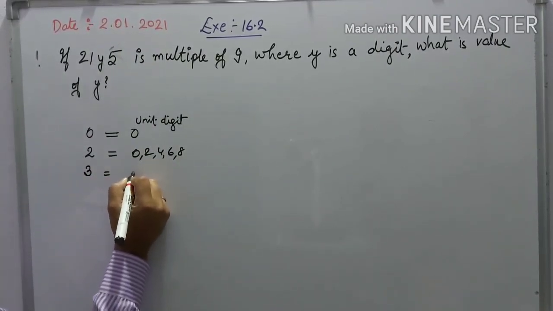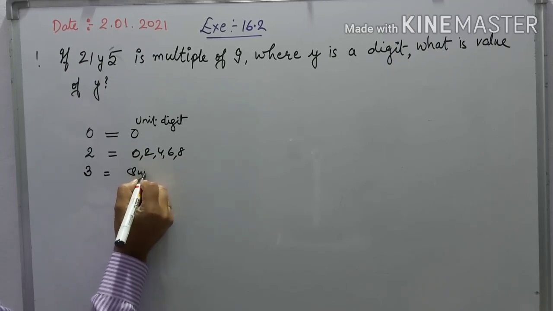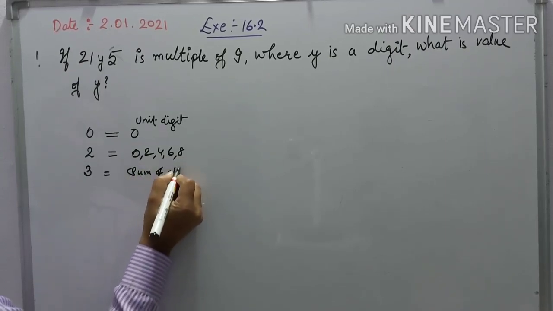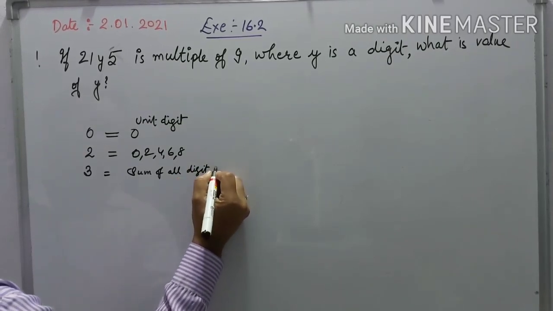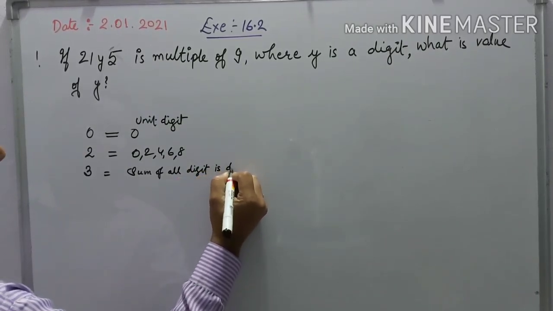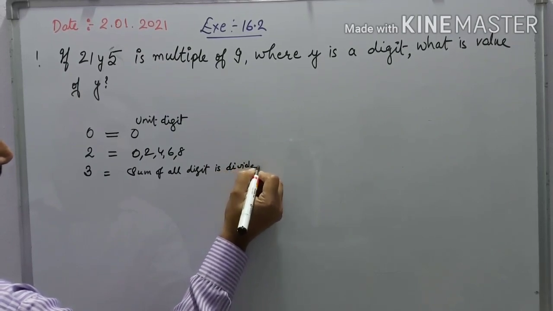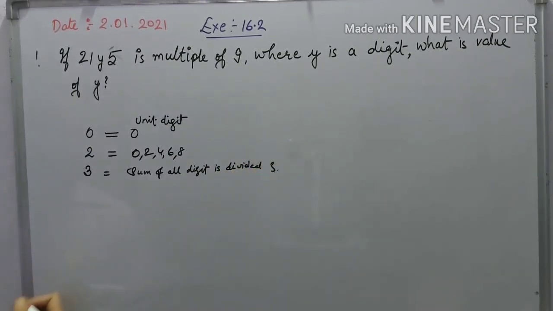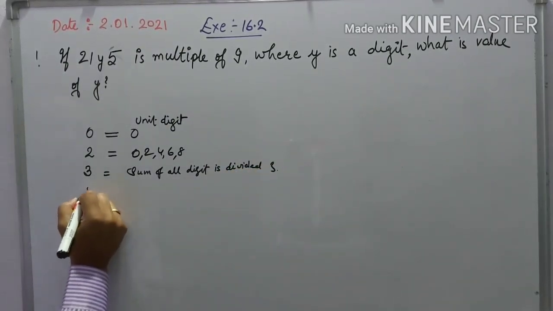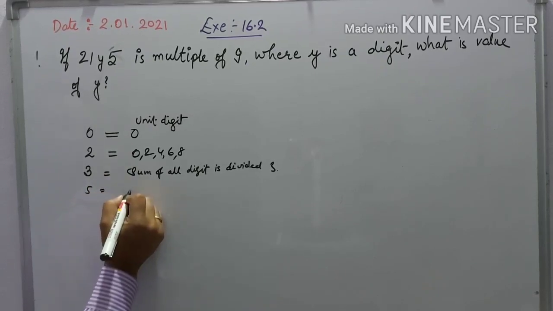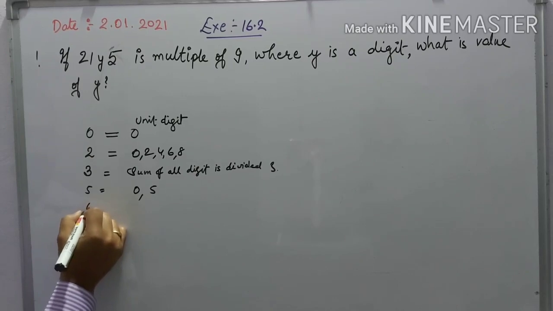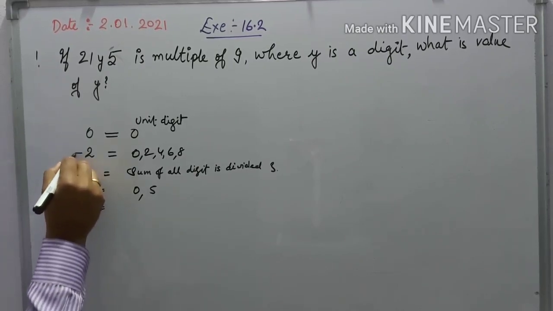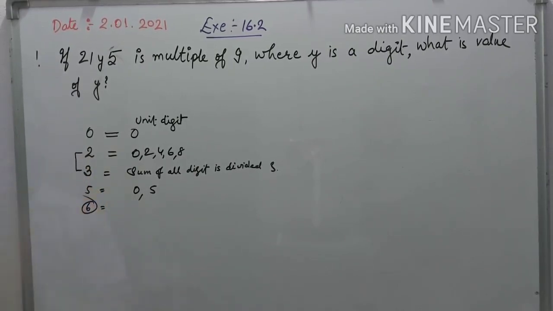The number divisible by 6 is divisible by both 2 and 3. This is learned in 6th class.